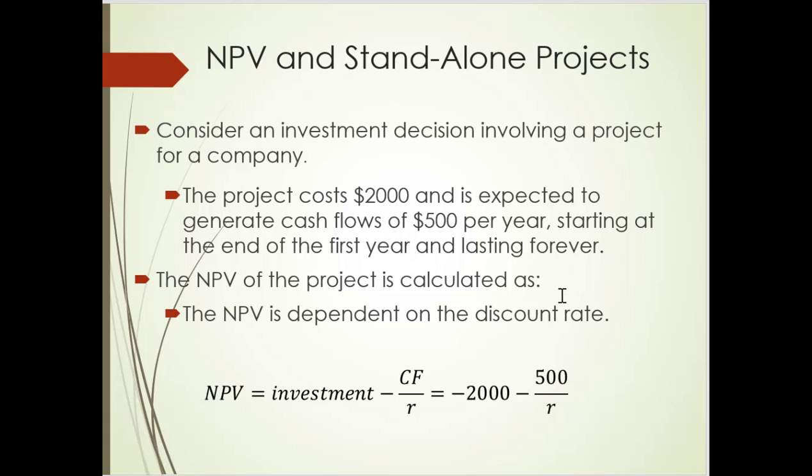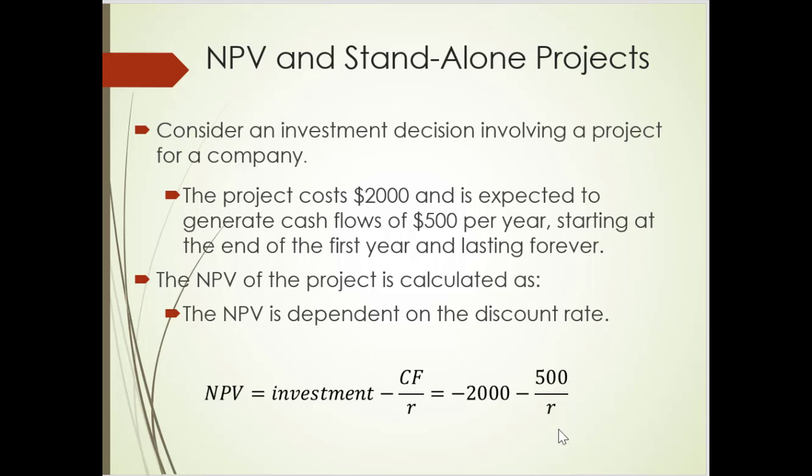So if we look at a very simple process, what we want to think about here with this slide is what are the important components? We know that the cost is very important. We also know that the cash flows are important. We need to be as accurate as we possibly can with these numbers. The other important variable that we need to think about is the discount rate.